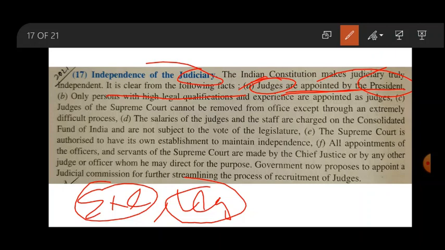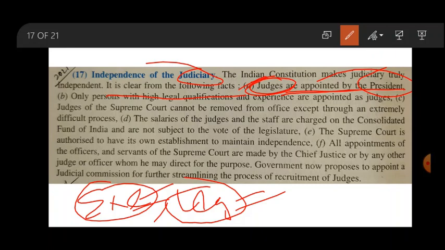That means these judges are not a member of a political party, are not a member of the executive. They are judges. They are appointed freely by the president.